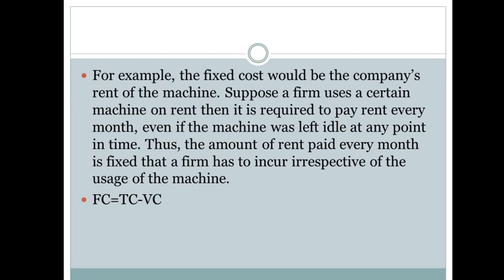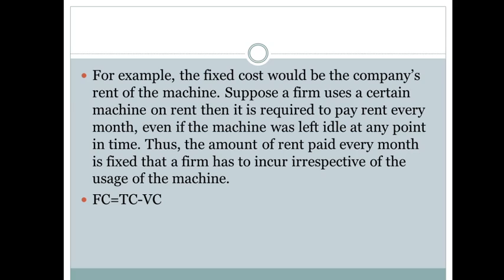Now, how to find out the fixed cost? There will be problems for finding out every type of cost for 10 marks. If we want to find out fixed cost, then we require total cost and variable cost.